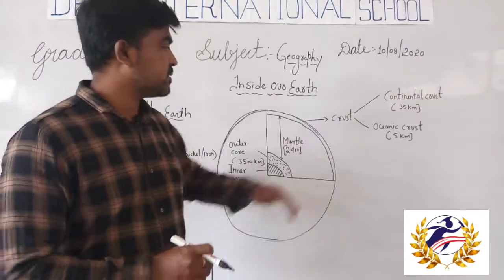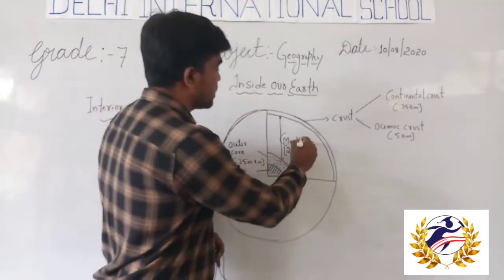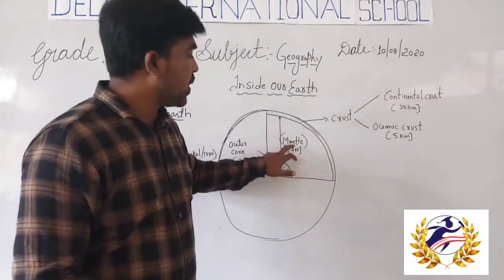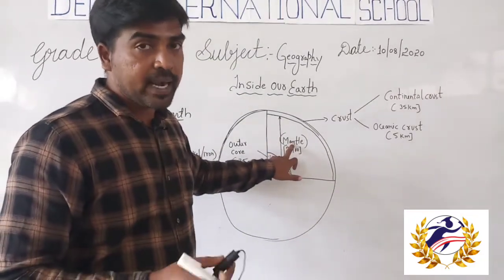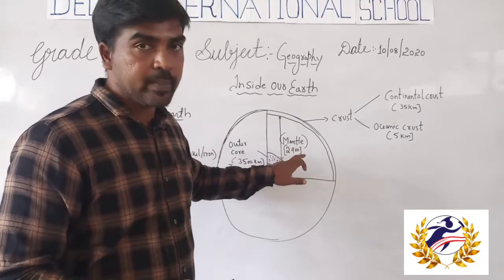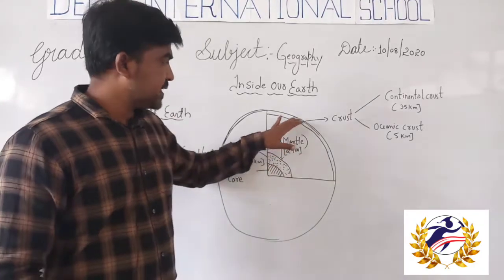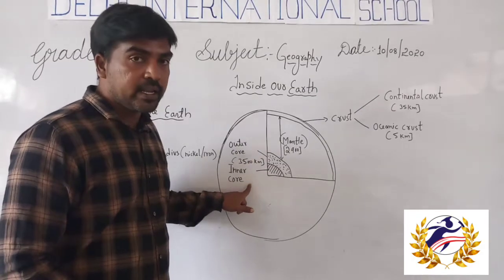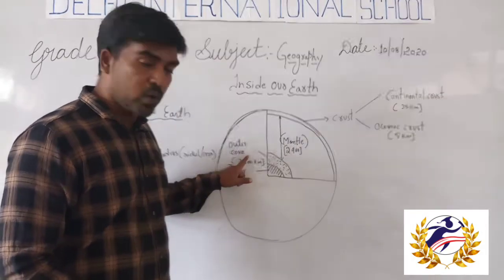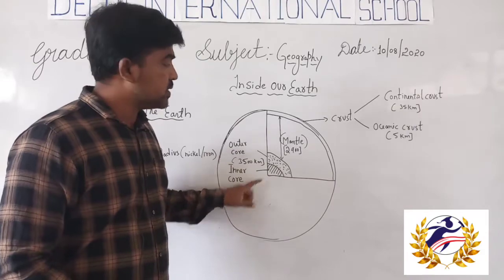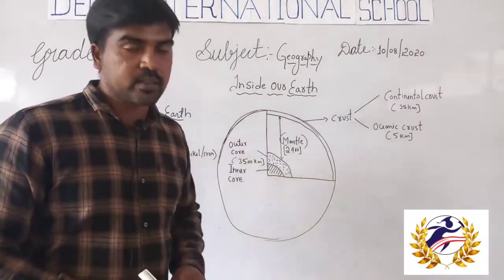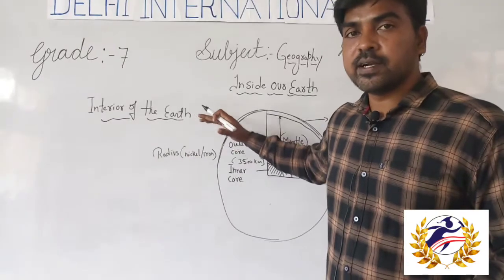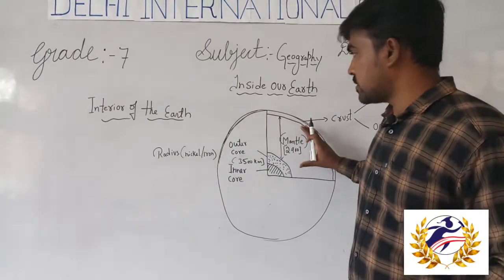After the crust, inside it we have the mantle, M-A-N-T-L-E. After these two layers, innermost, we have the outer core and inner core. Like this, our earth is divided.